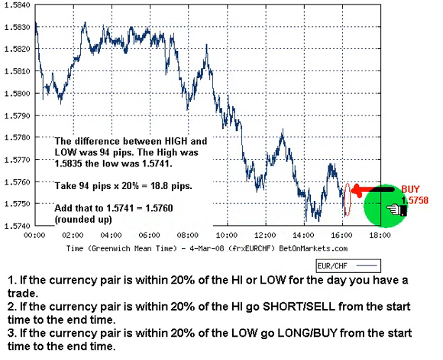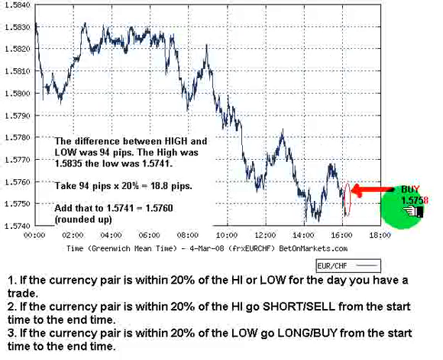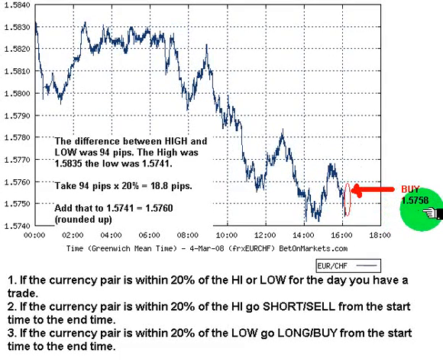And our fill price for 16:30 GMT on Bet on Markets was 1.5758. So we were within the 20% rule. We went long, and in the next chart I'll show you what the results were.